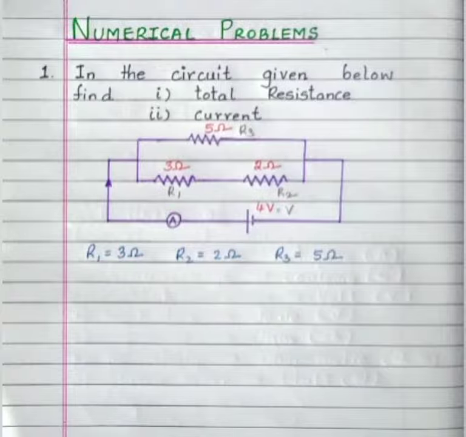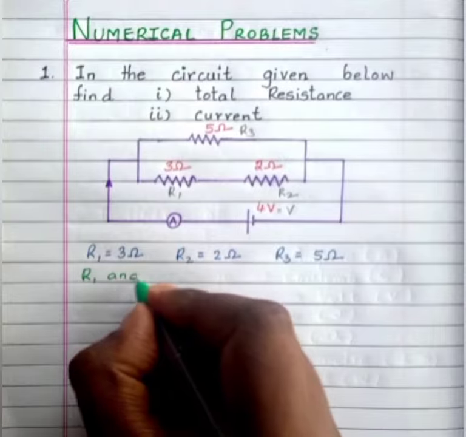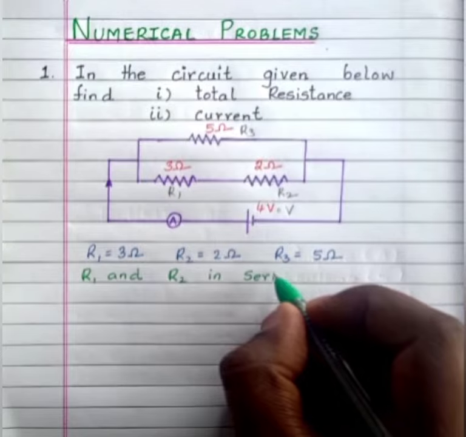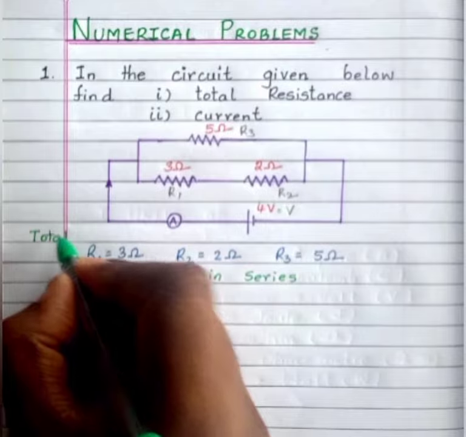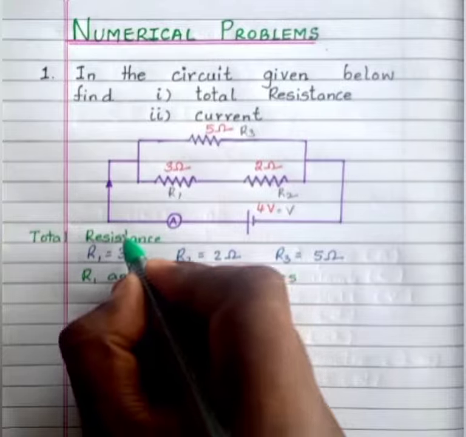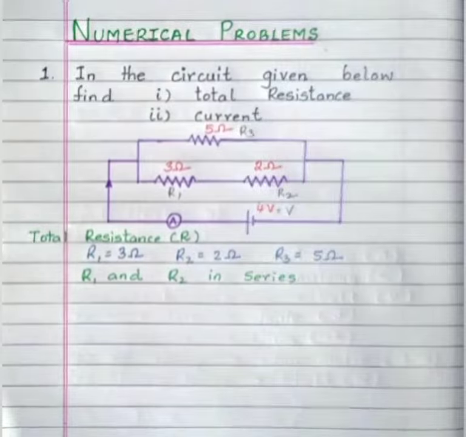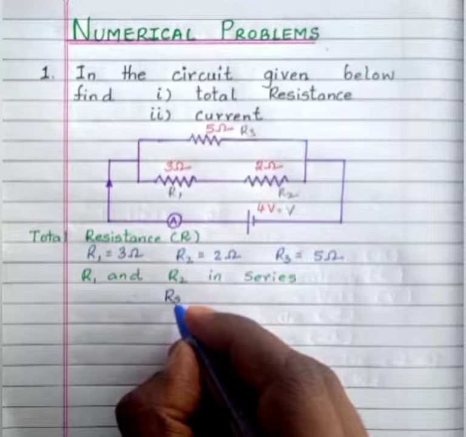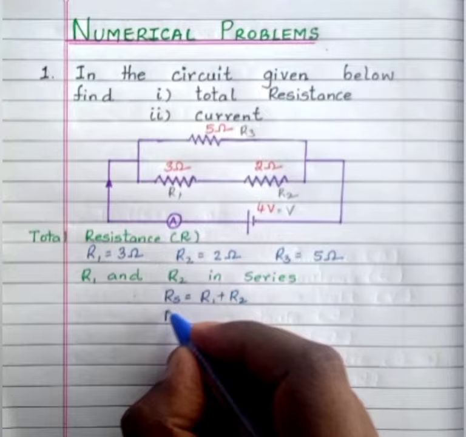Therefore, the effective resistance Rs equals R1 plus R2, just you need to add R1 and R2 because these two resistors are connected in series.